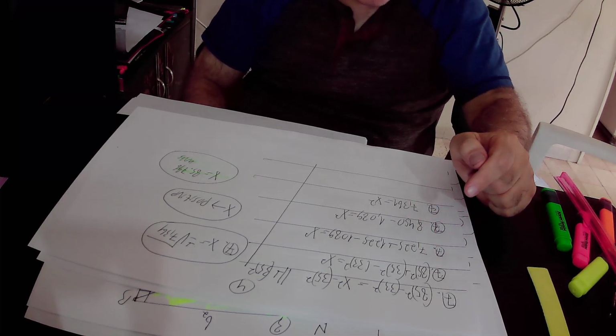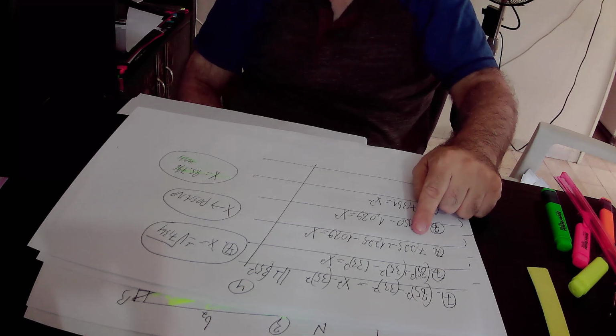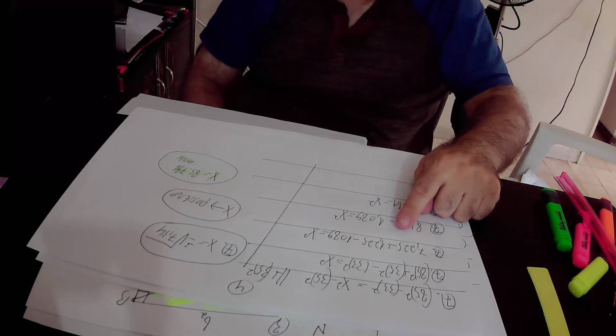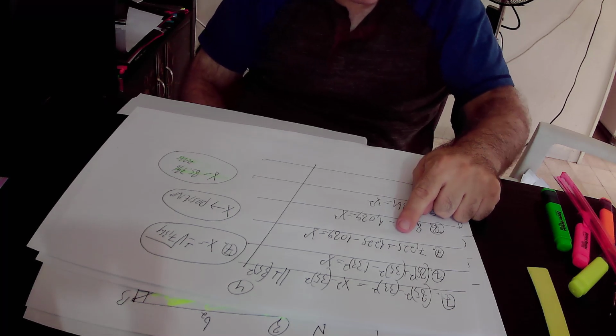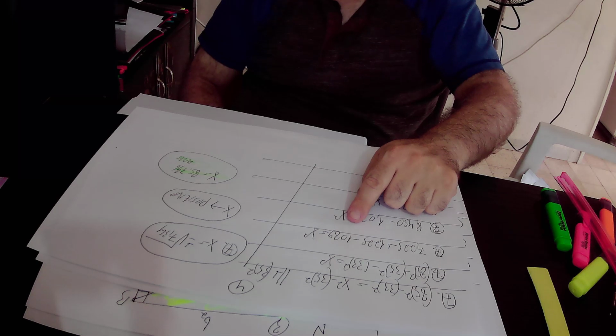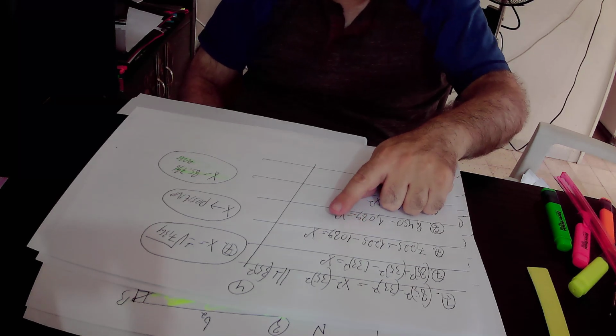x square. 85 square is 7,225. 35 square is 1225. Minus 33 square, which is 1089, that is equal to x squared.